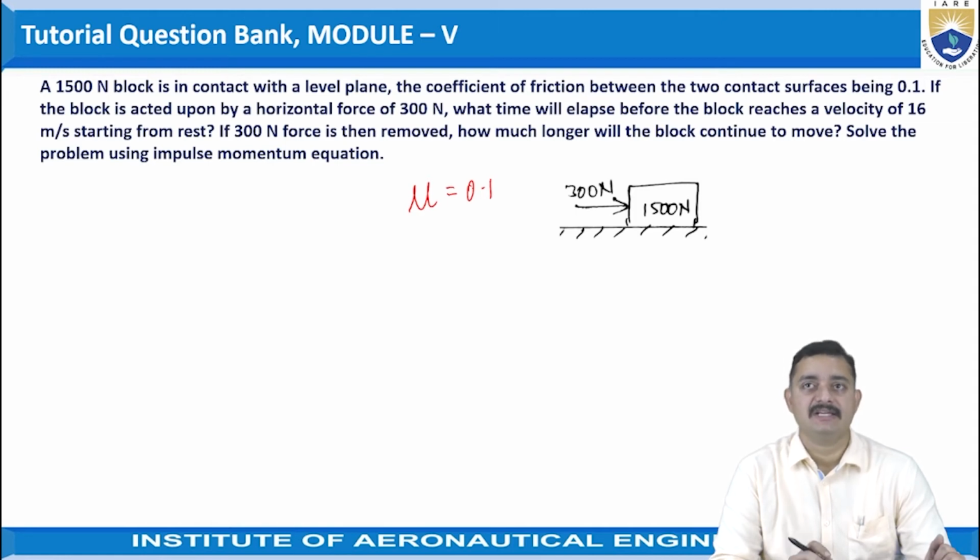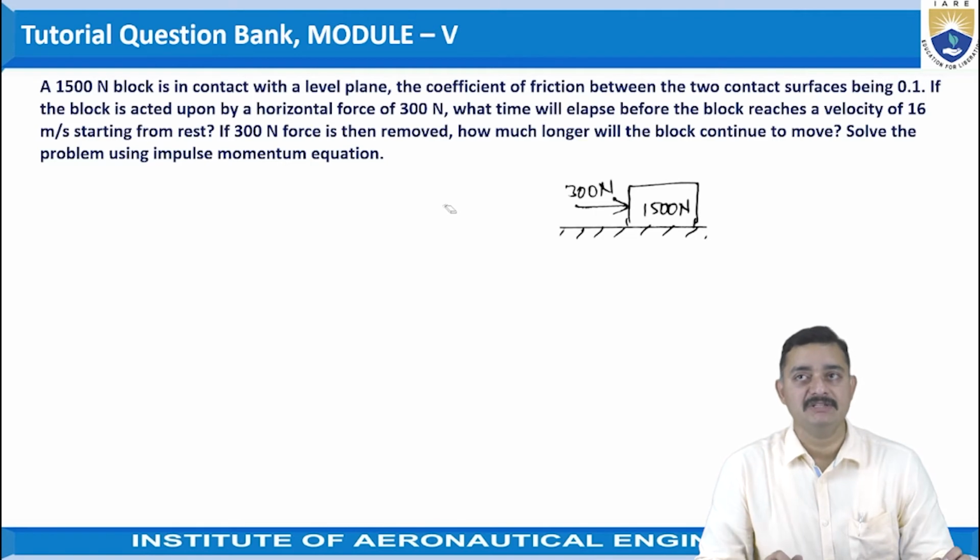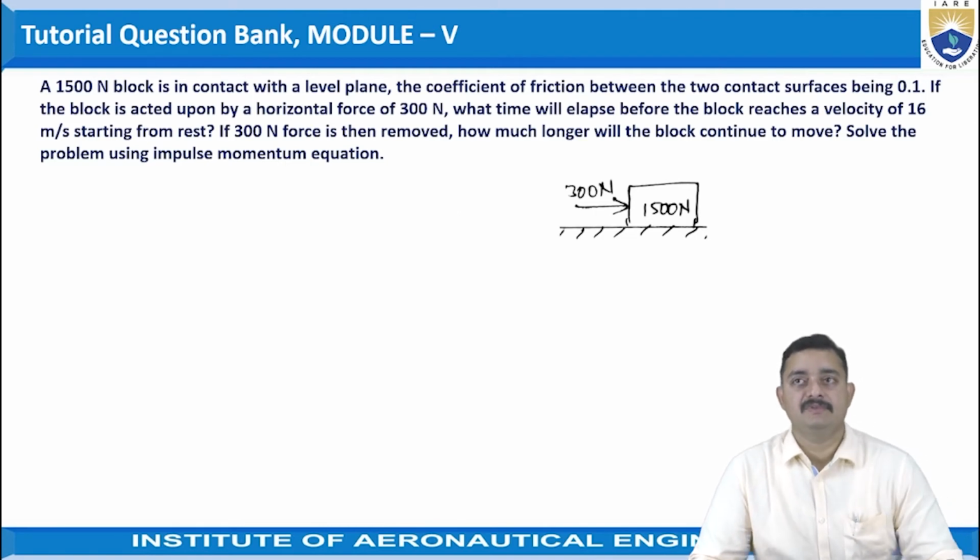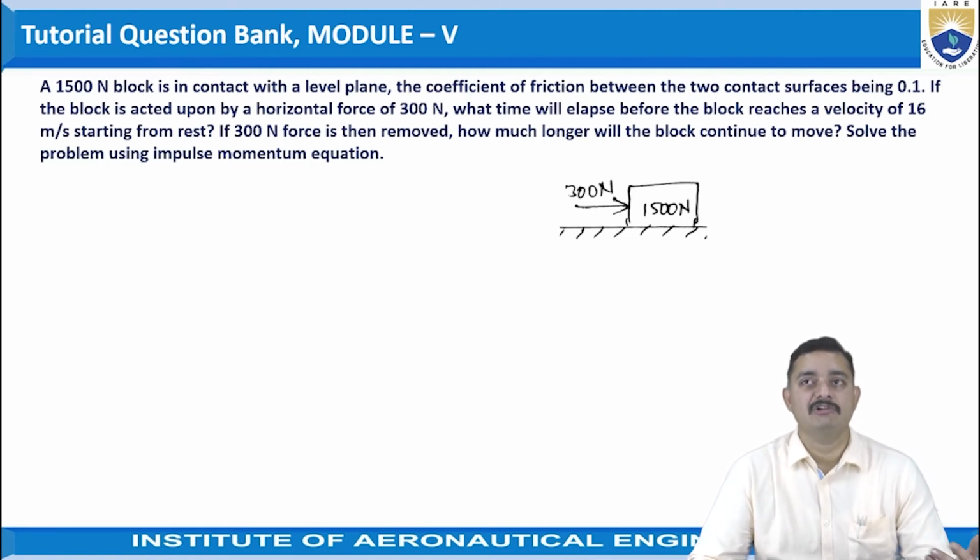That is the second question, or we can consider it as the second case. Now, solve the problem using the impulse momentum equation. So it is being asked to solve this problem using the impulse momentum equation. So let us start the problem.